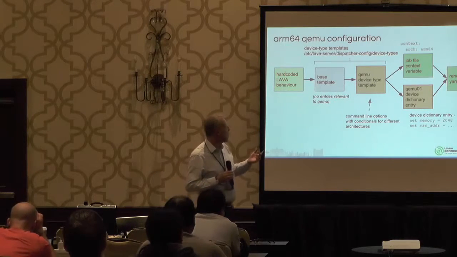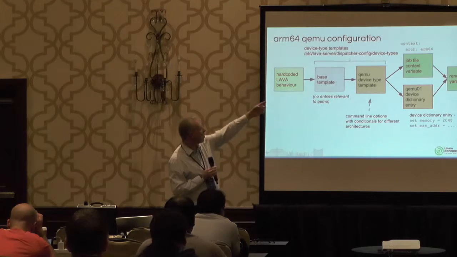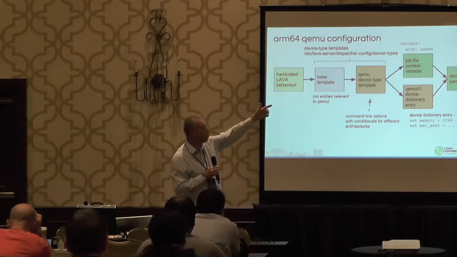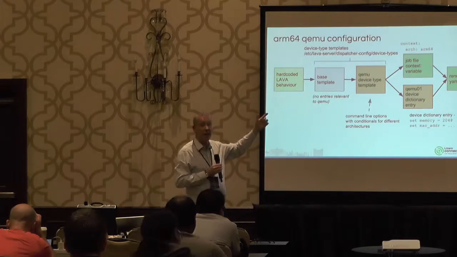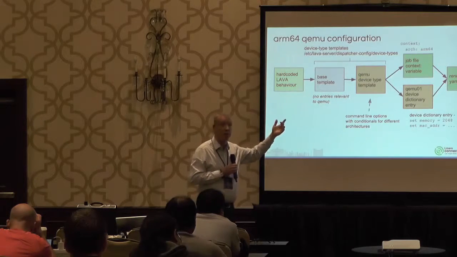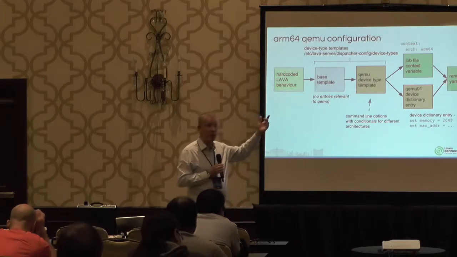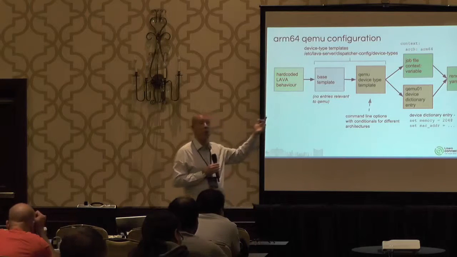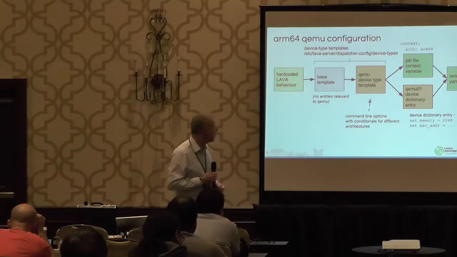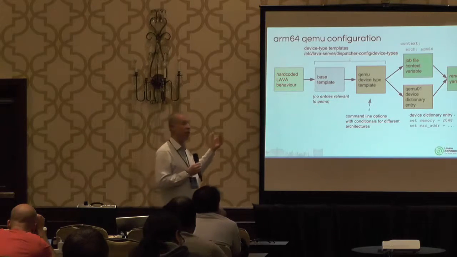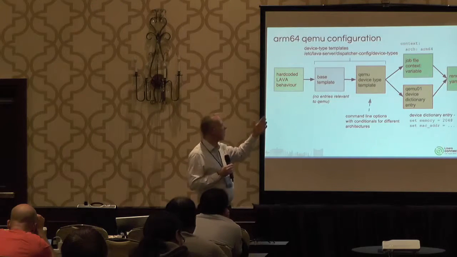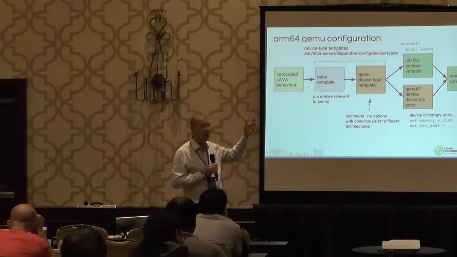And Lava provides the capability of a context, arch ARM64. That's where Lava tells QEMU what kind of architecture it expects, and you can vary that on a per-job basis. So there's a lot of flexibility here as to where you tell Lava, and how much is common and how much, let's say, is customized per job.